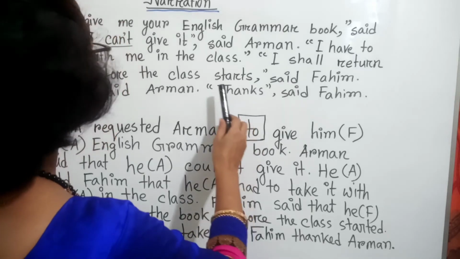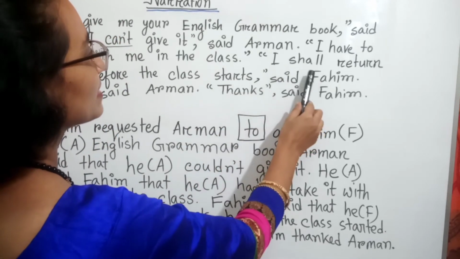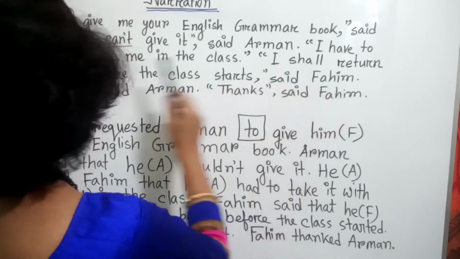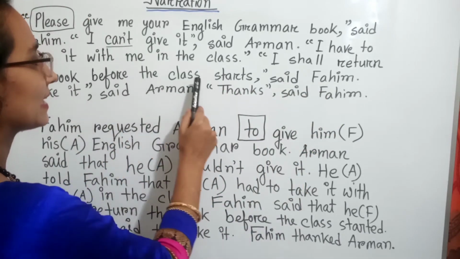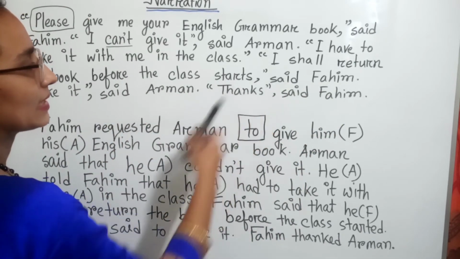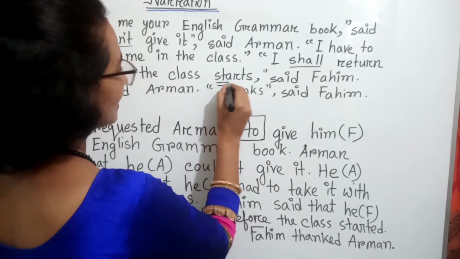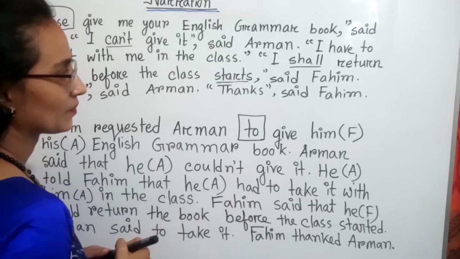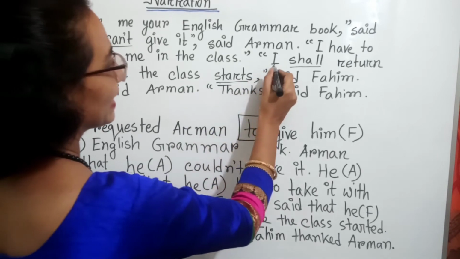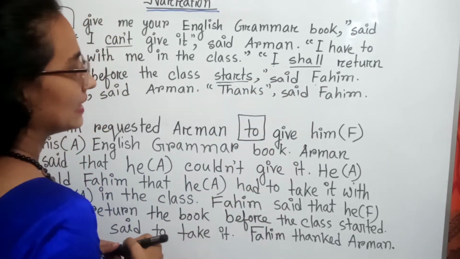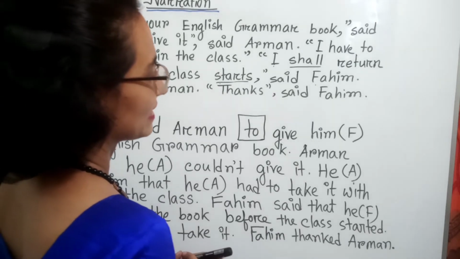And in the fourth sentence, Fahim said that "I shall return the book before the class starts." Here shall indicates future and starts is present tense. And I indicates Fahim. And it is a simple sentence.